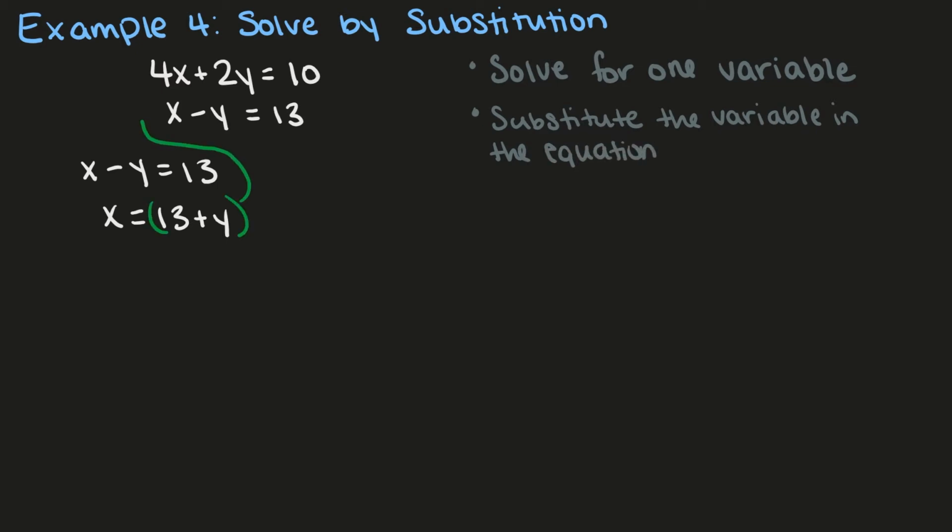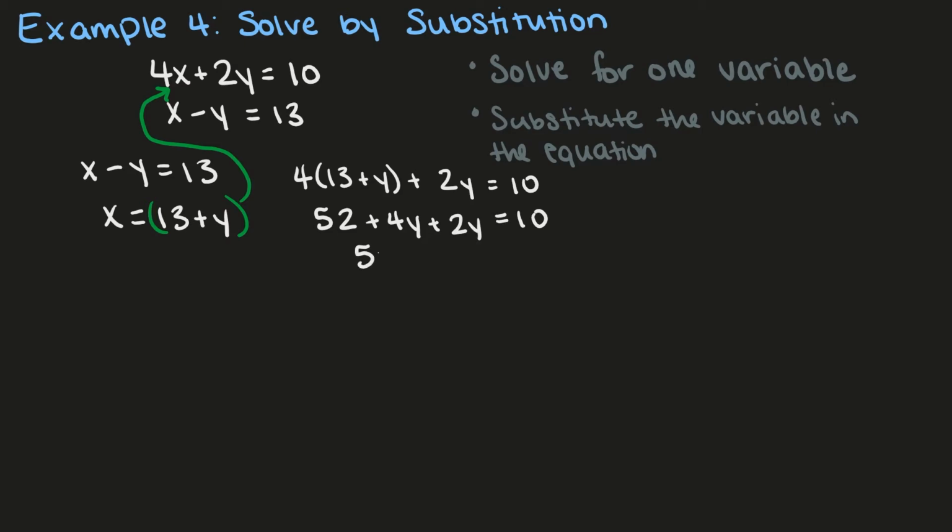We get 4 times 13 plus y plus 2y equals 10, or 52 plus 4y plus 2y equals 10. Solving for y gives us y equals -7.